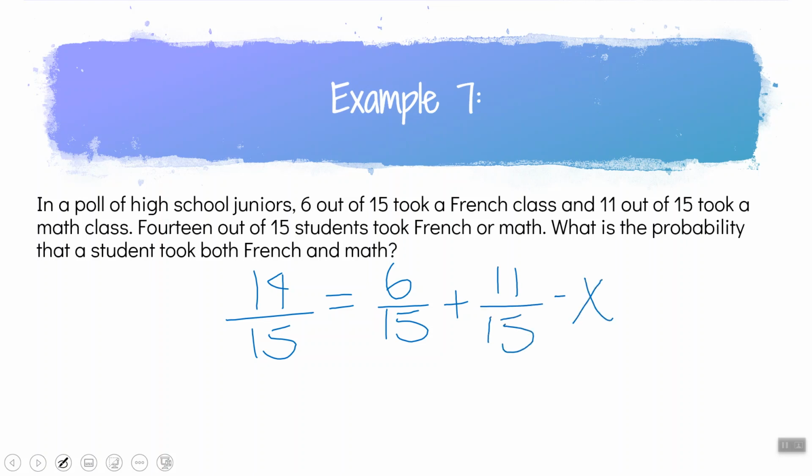How many took both? 17/15 minus what equals 14/15? 3/15.